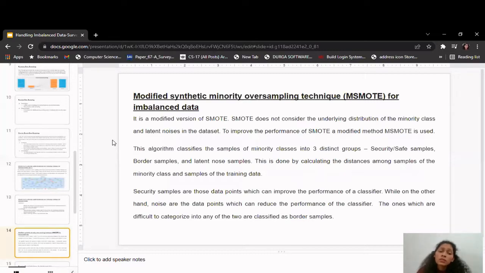And similar to SMOTE, there is a modified version. It does not consider the underlying distribution of the minority class and latent noises in the dataset. To improve the performance of SMOTE, a modified method, MSMOTE, is used.